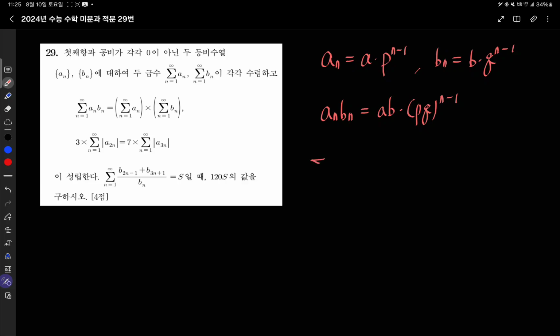So the infinite series of AN times BN is A times B over 1 minus P times Q. And that also converges.